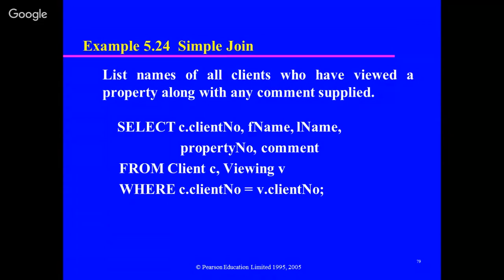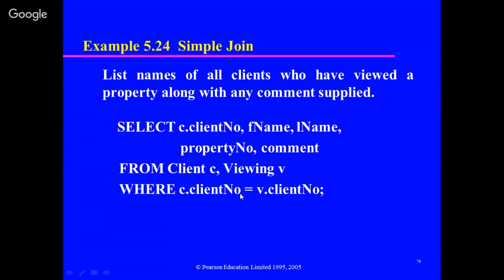Whenever you want to combine information from two or more tables, what you need is a link field. There has to be some common attribute between the two tables, which is also called the join condition. In this particular example, the join condition is specified in the where clause.